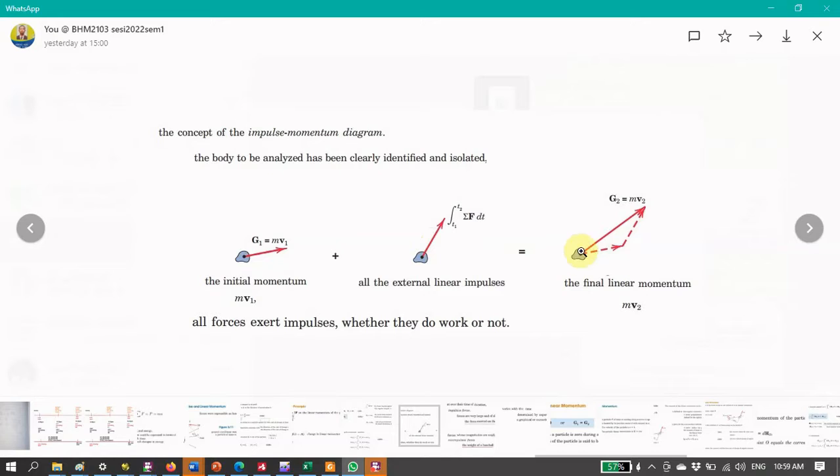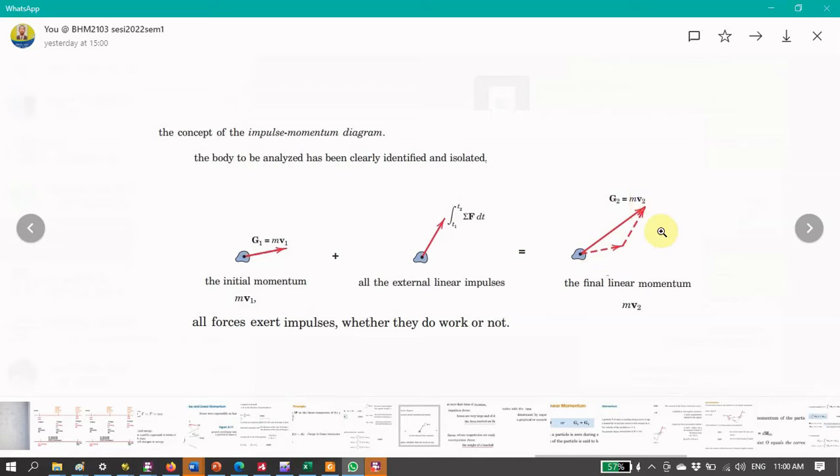So we have a solid line representing the final linear momentum, and a dashed arrow representing the initial momentum, with the total linear impulse. When we look at this diagram, it represents a kind of vector analysis.